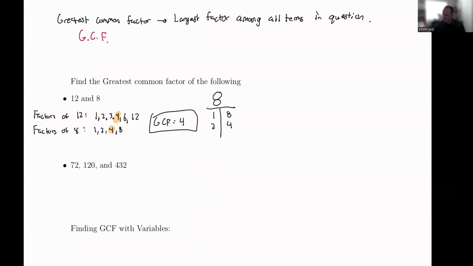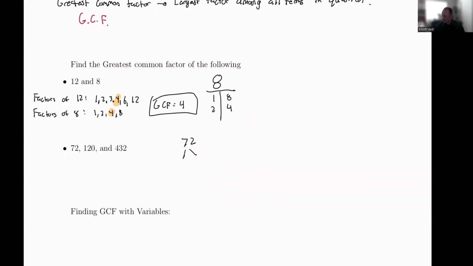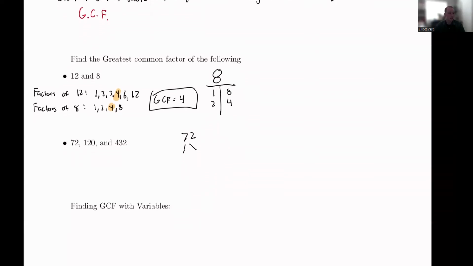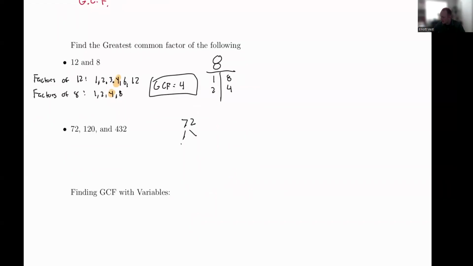So that's why I like the prime factorization as well, right? Because we can split it up kind of evenly here and write all the prime factorizations in a row together. So let's do this: 72, 120, 432. So 72 I already saw is 2 times 36. 2 can't be factored anymore. 36, I know, is a perfect square.